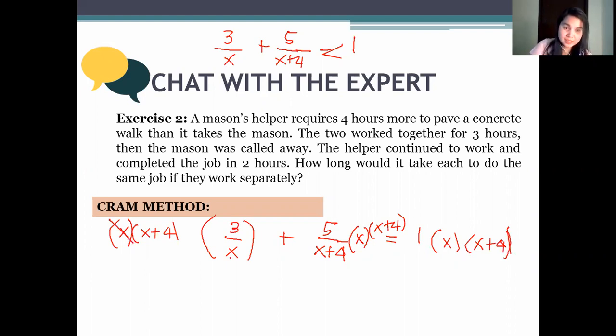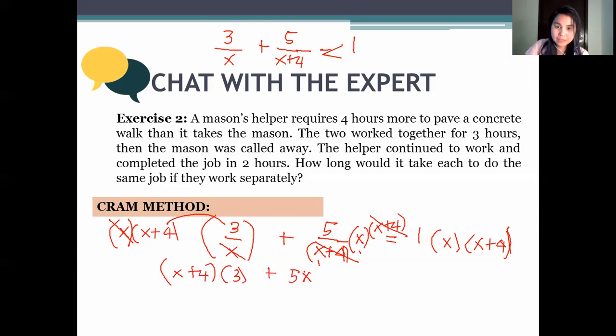We cancel the x. We cancel the x plus 4. Again, when you cancel in one factor, don't cancel this one and this one. That's wrong. Both x plus 4 and x plus 4. So we're left with x plus 4 times 3 plus 5 times x equals x times x plus 4.